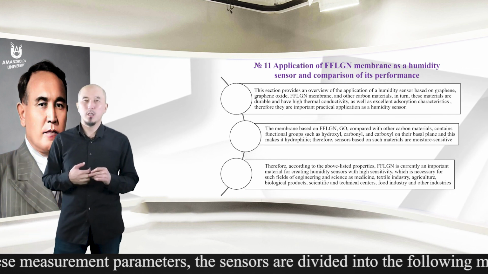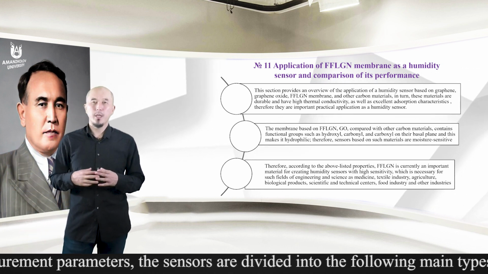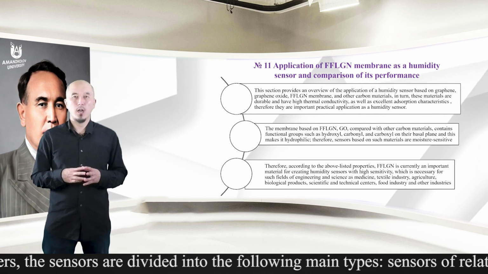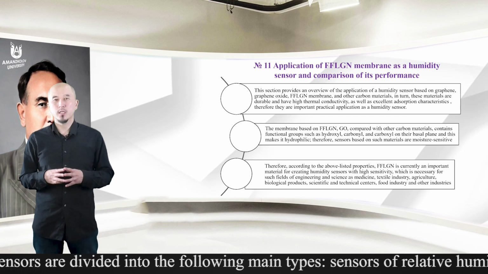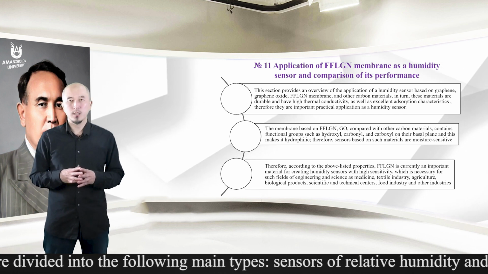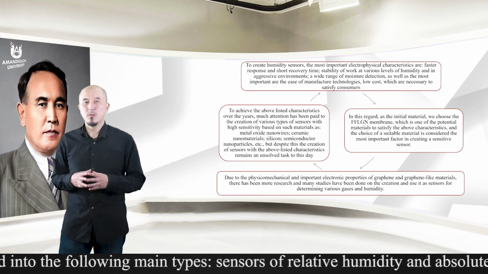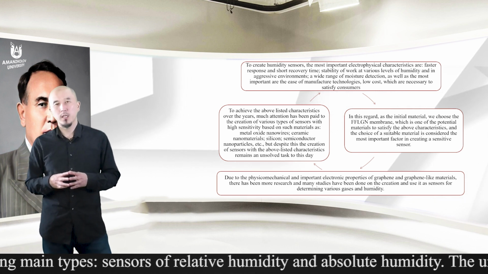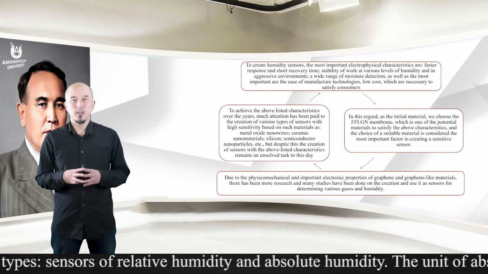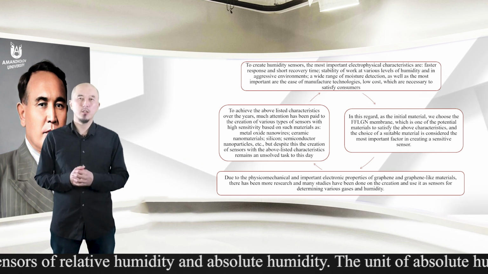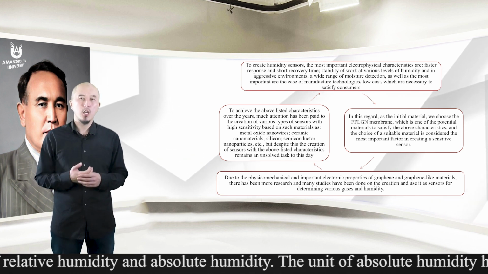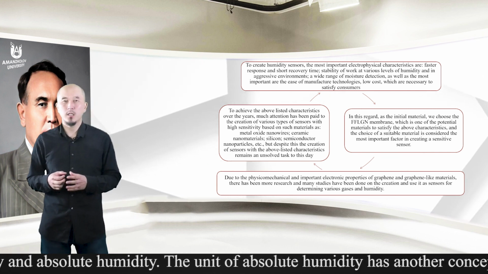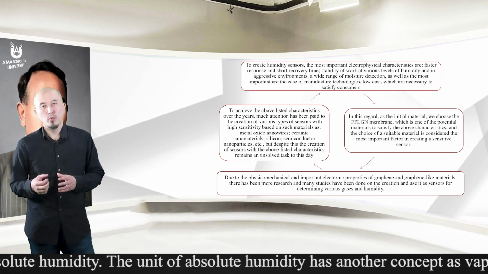Over the years, much attention has been paid to the creation of various types of sensors with high sensitivity based on such materials as metal oxide nanowires, ceramic nanomaterials, silicon and semiconductor nanoparticles, etc. But despite this, the creation of sensors with above listed characteristics remains an unsolved task to this day.